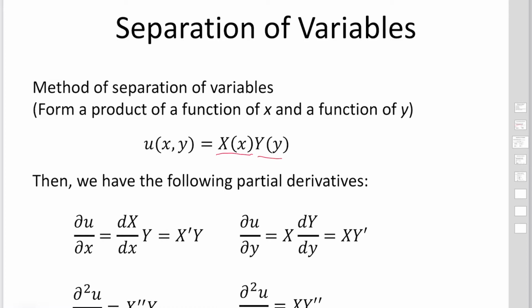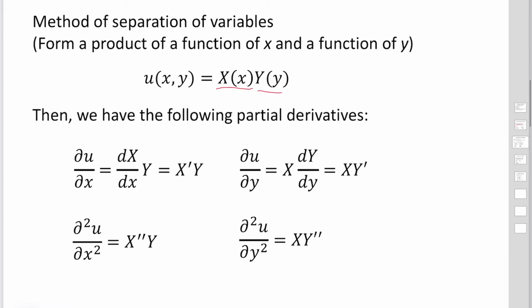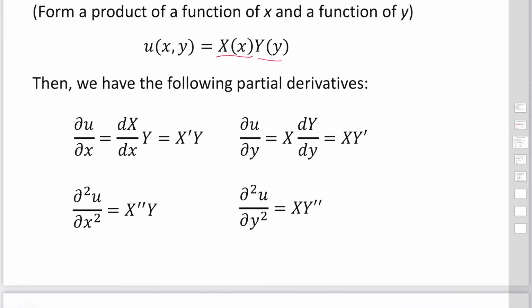Then we have the following partial derivatives. First derivative of u with respect to x: capital Y is not a function of x. We only consider the derivative of capital X with respect to x. So we write this as X prime. So the partial derivative of u with respect to x becomes X prime Y.